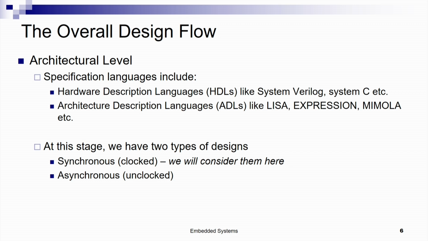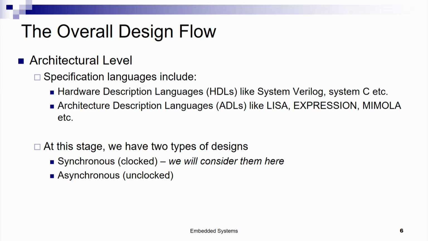The common languages used to model this, other than C, are, since from that C specification for hardware it is easy to transform into similar hardware description languages, like System Verilog, System C, etc. Or we could also have a bit higher level called architecture description languages like Lisa, Expression, Mimola, etc. At this stage, we can have two types of designs, either synchronous or clocked designs, which we consider here, or asynchronous or unclocked designs, which we will not consider in this course.